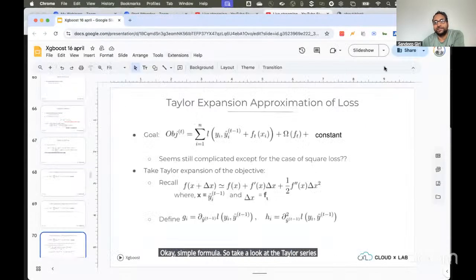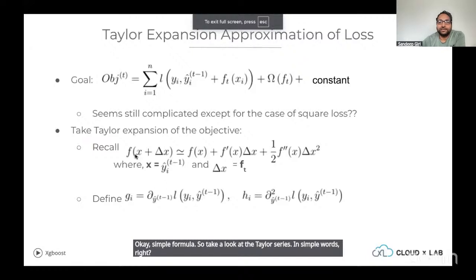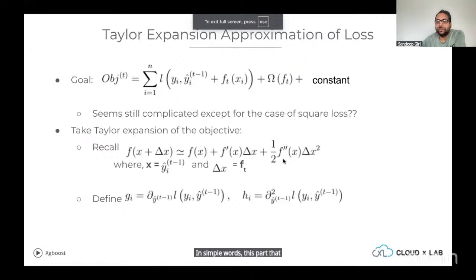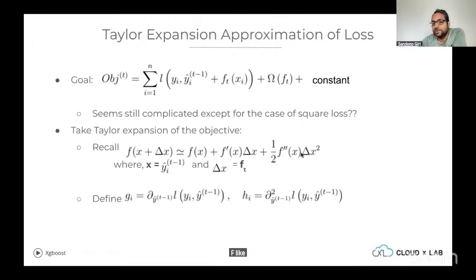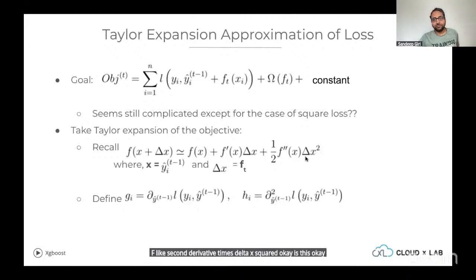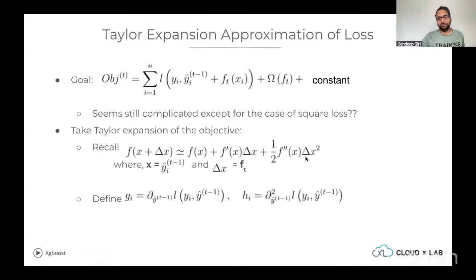In simple words, this part that you see here is what we are trying to do. The Taylor series is f of x plus delta x is approximately equal to f of x plus the first derivative of f of x times delta x plus 1 by 2 times the second derivative times delta x square. Okay. Is this okay for everyone?